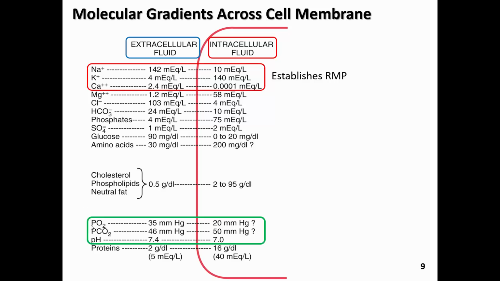Three more examples here. If we take a look at molecular oxygen, carbon dioxide, and pH, the uppercase P represents the partial pressure of molecular oxygen. And we see that the partial pressure of molecular oxygen is greater outside the cell than inside the cell.